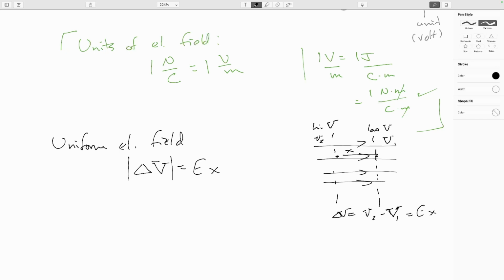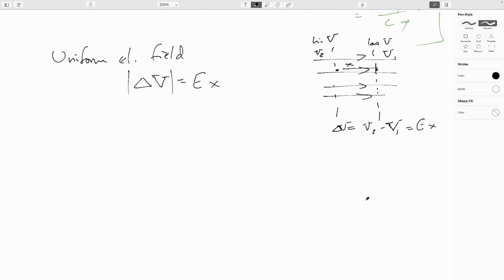And similarly for a point charge, we can say the voltage associated with some point in space. So let's say I have a point charge Q here, and I want to know what's the voltage there if I am some distance r away from the charge.